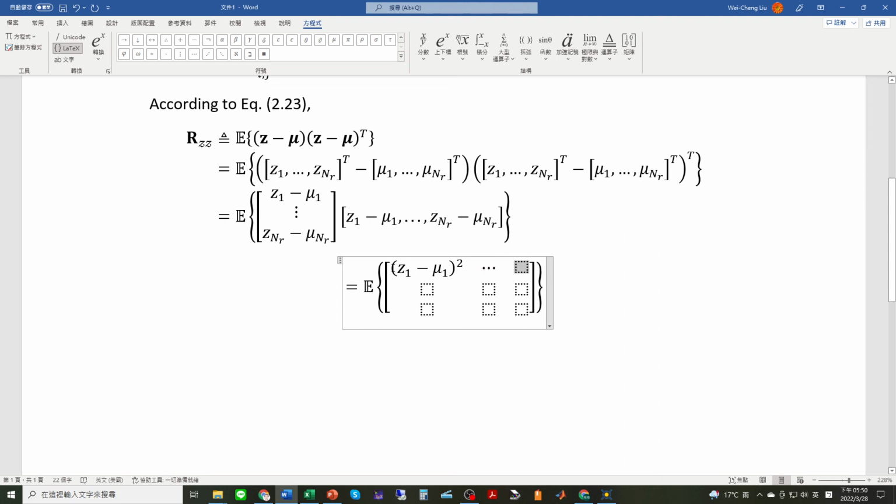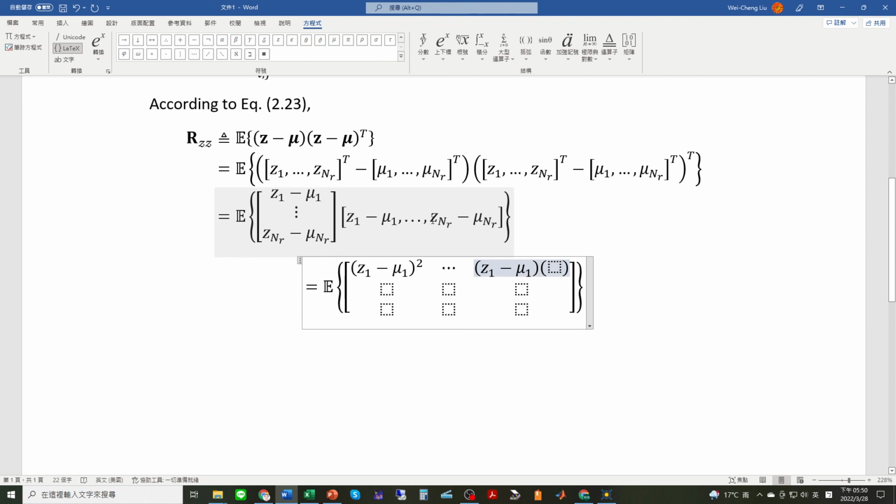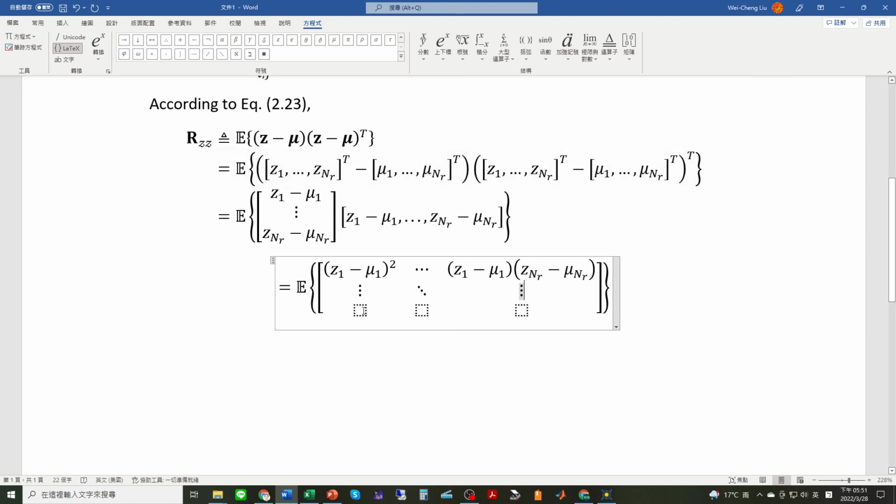And the final element is z1 minus mu1 times znr minus mu nr. For the second row, the first elements are vertical dots, then diagonal dots and vertical dots. For the last row, the first element should be znr.